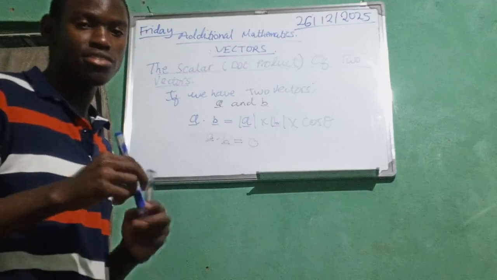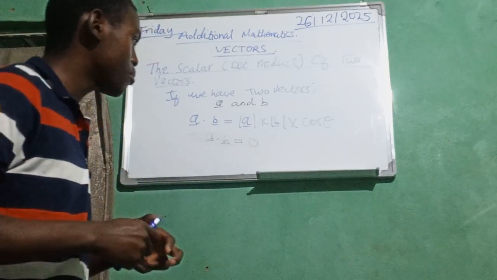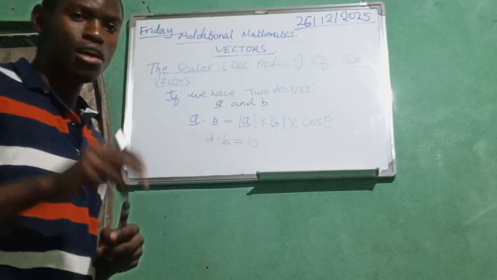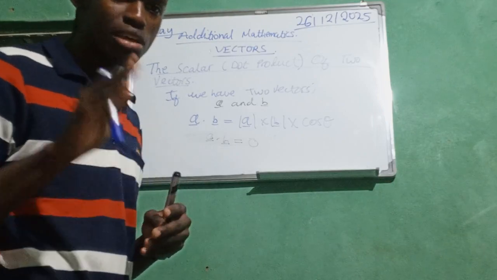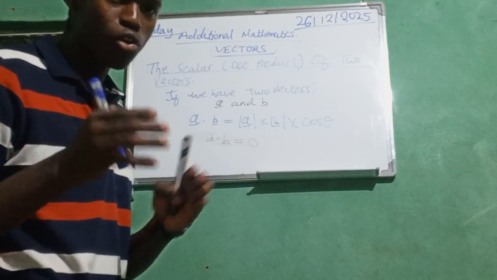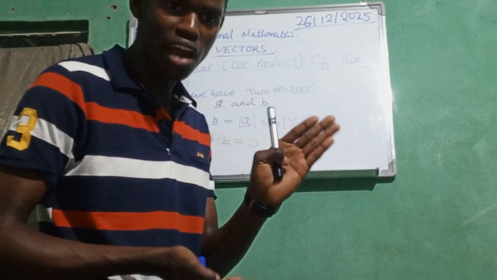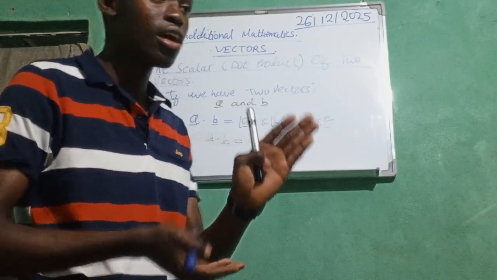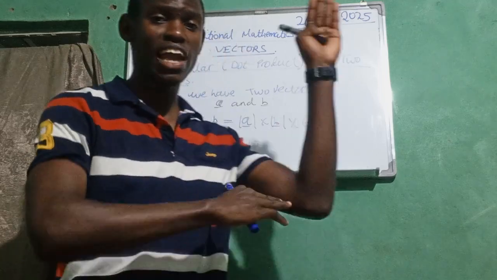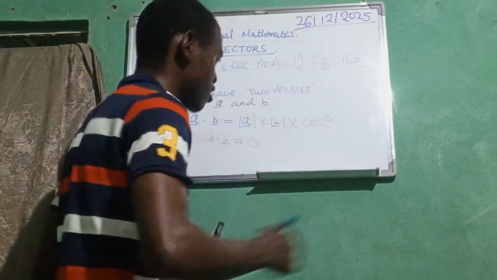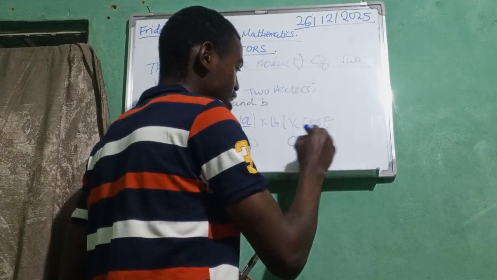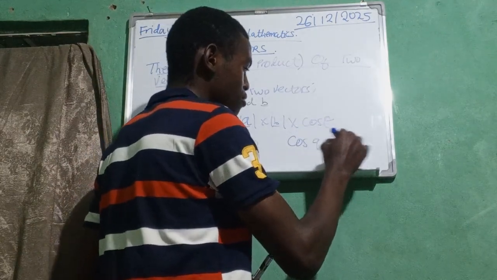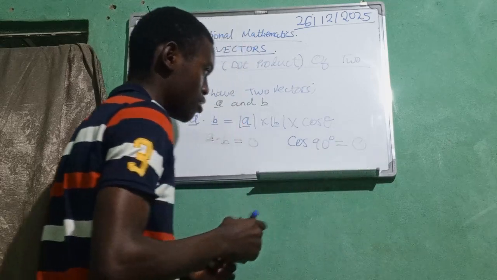Why is it like that? The reason being, perpendicular vectors means the angle between the vectors is 90 degrees. So cosine 90 degrees, following the cosine wave, is equal to 0.